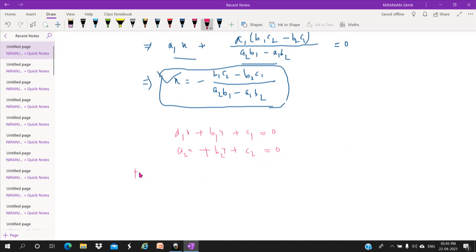How do we solve two linear equations in two variables through cross multiplication?